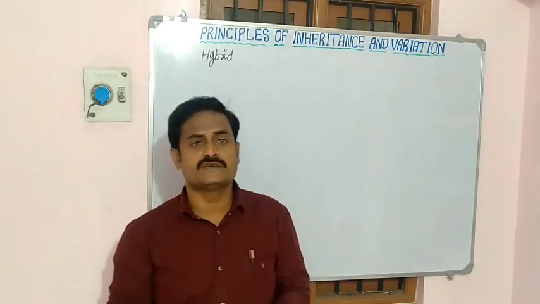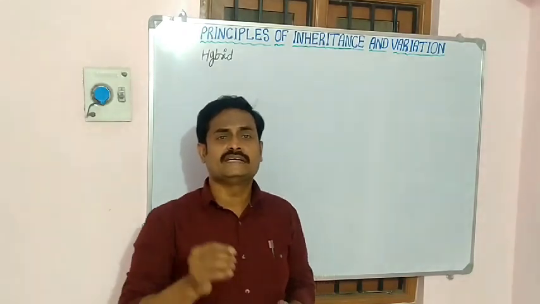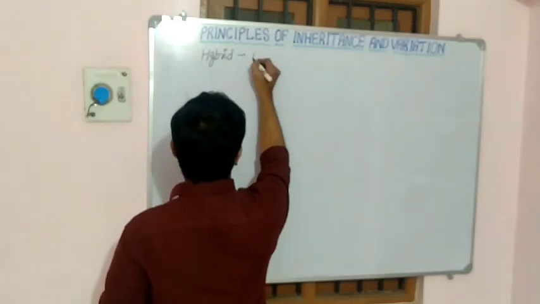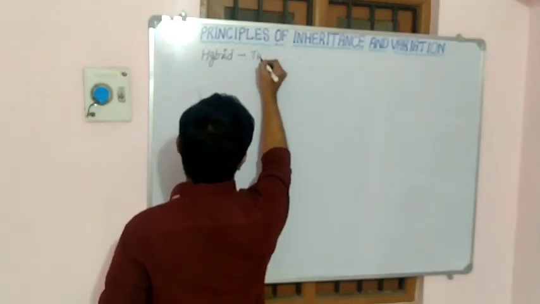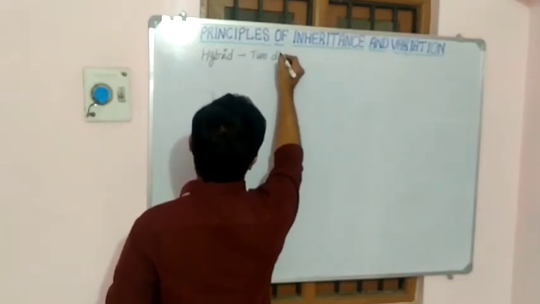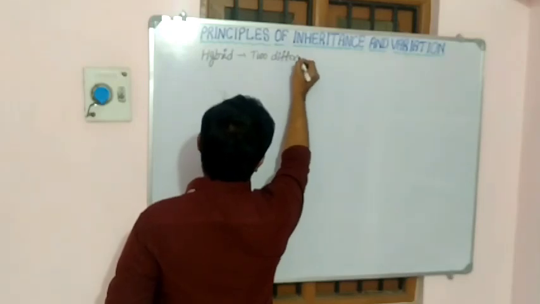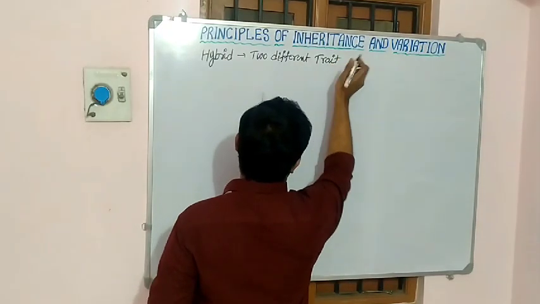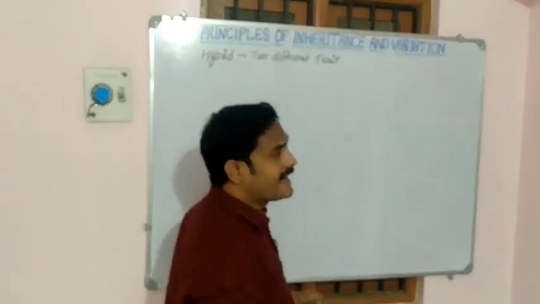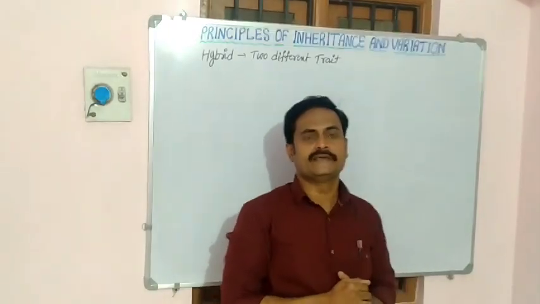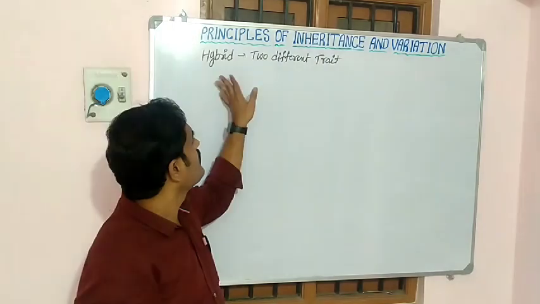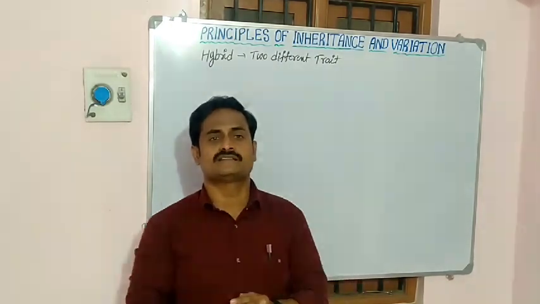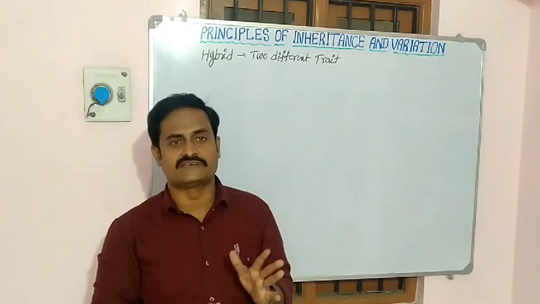So hybrid means two different traits are present. That means heterozygous plants. Simply, heterozygous plants are called hybrids.